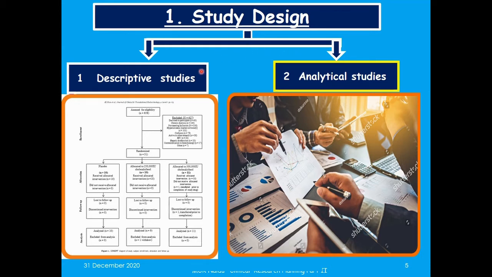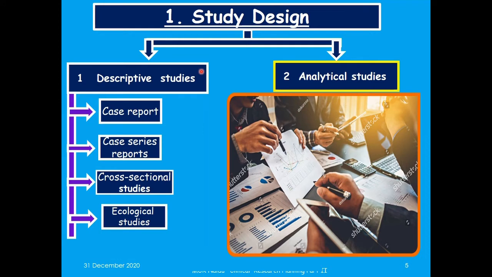Coming to descriptive study, it may be a case report where one or two cases' information is reported in the scientific journal, or it may be a case series where a large number of similar cases are reported, or it can be a cross-sectional study where a group of population was studied for a particular clinical condition or intervention.